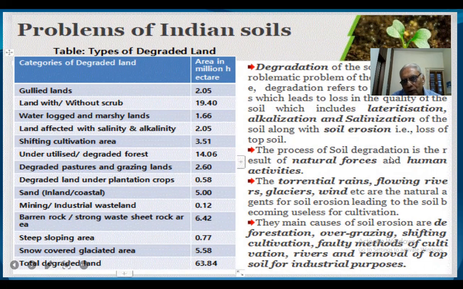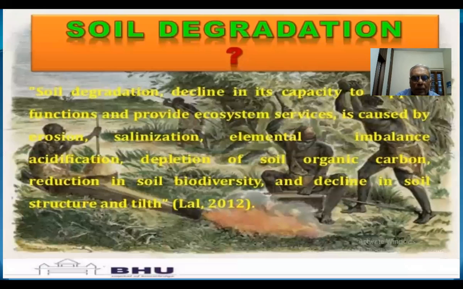The process of soil degradation is the result of natural forces and human activities. The main causes of soil degradation are deforestation, overgrazing, shifting cultivation, faulty methods of cultivation, and removal of topsoil for industrial purposes.